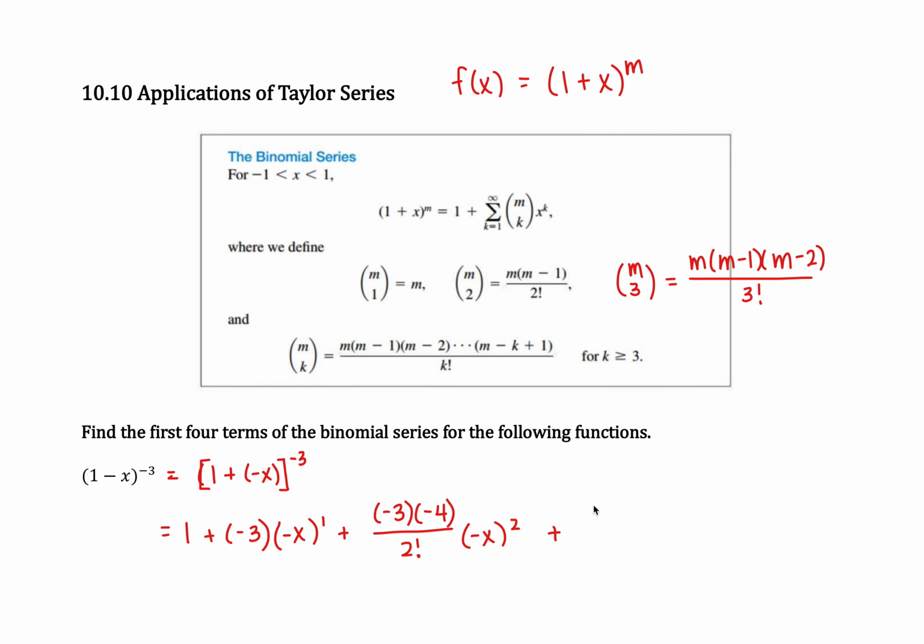And then one more term. So the 3rd term again here, so it's going to be negative 3 times negative 4 times negative 5. We're just subtracting 1 each time, over 3 factorial. And here it's going to be negative x to the 3rd power.